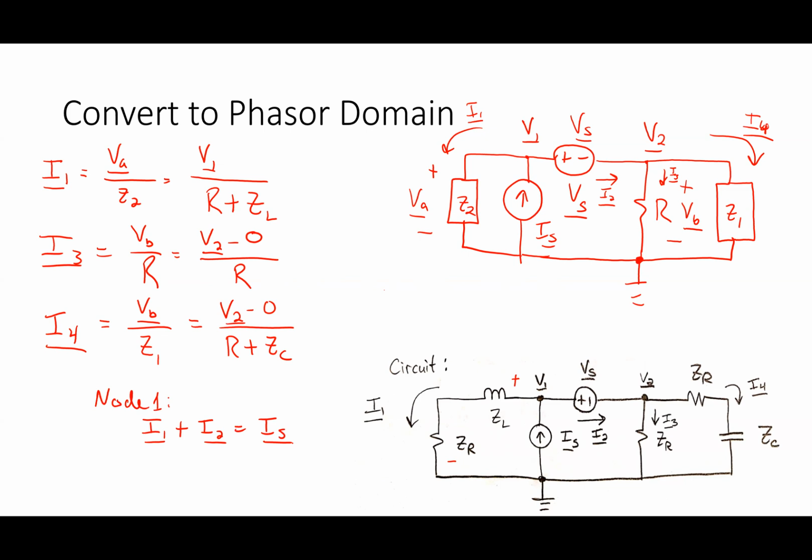That relates everything here. Similarly, I could do the same thing at the other node, solve one of those 2 equations for I2, the current through the voltage source, and combine them. But like we said previously, I don't need to go through that process. I could just write them for the supernode.